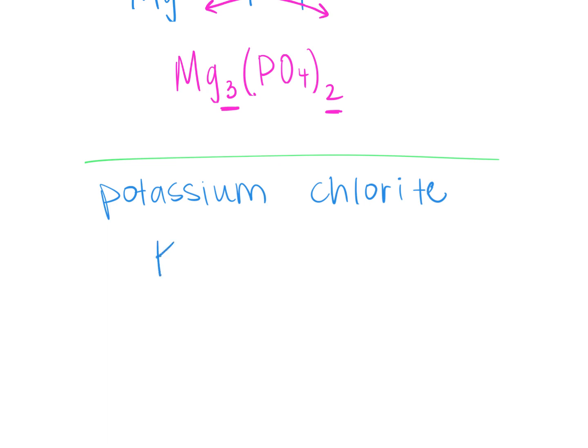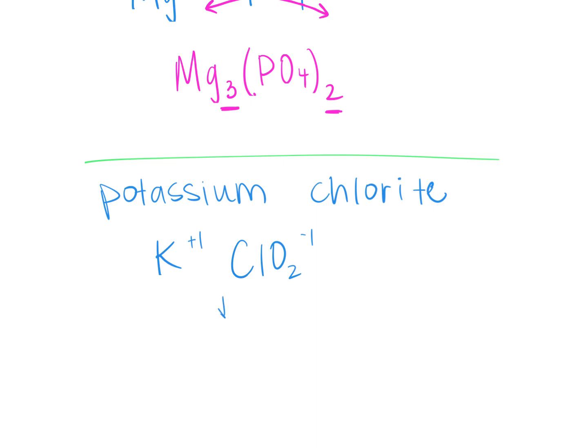All right, potassium is K, and it has a +1 charge. I'm going to look for chlorite in the box. Is it in there? It is. If it wasn't, I could just look for chlorate and take away an oxygen, but it is. So ClO2 -1. Do I need to bother crisscrossing here? No, because my charges are the same, right? So I know they're going to fit together 1 to 1.